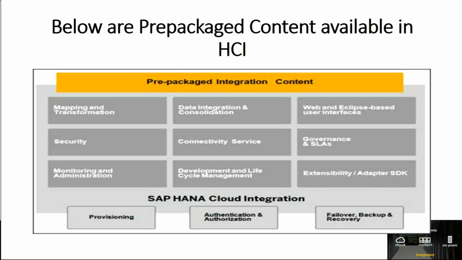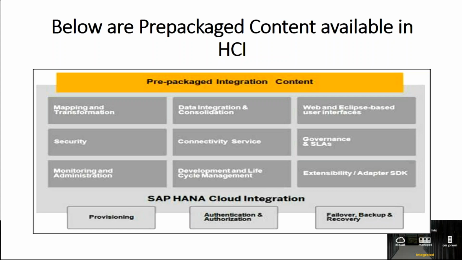You have the highest level of security with HCI. Even if you are sending data outside your network, the data will be highly secured in case of HCI. You have the different connectivity services, which means the different types of adapters which are available in HCI.